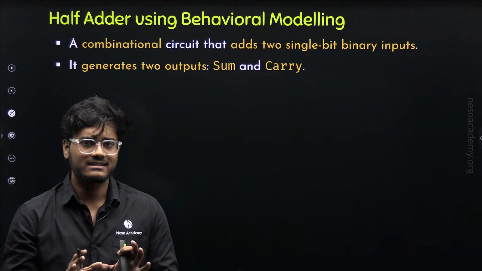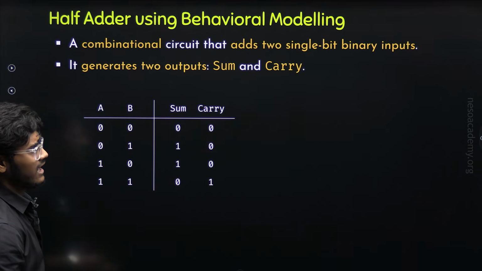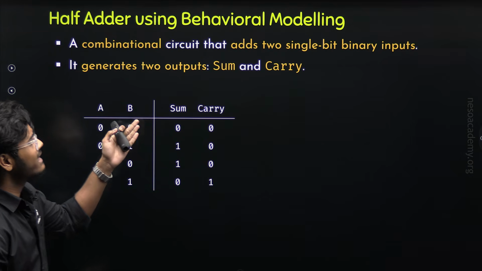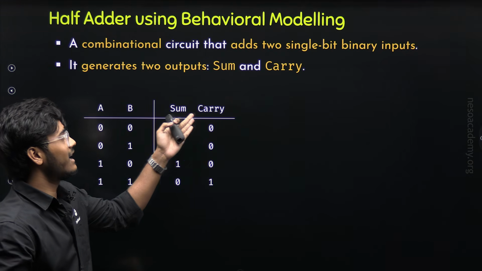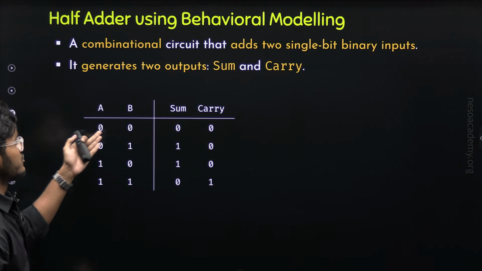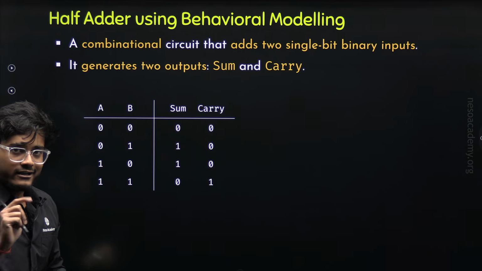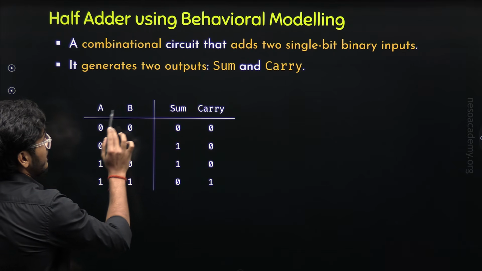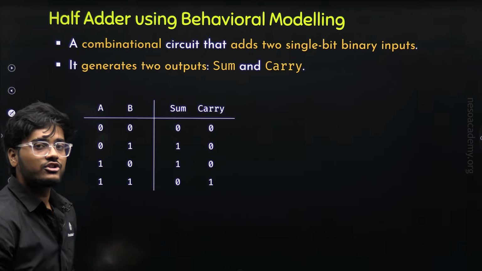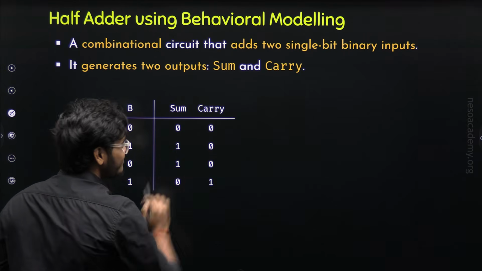Now let us understand this half adder using a truth table. So this is the truth table for the half adder. Here we are adding 2 single bit binary inputs A and B, and it is generating 2 outputs, sum and carry. For 2 inputs, we have 4 input combinations: 0 0, 0 1, 1 0 and 1 1. Now, when both inputs A and B are equal to 0, which means 0 plus 0, this will give sum as 0 and carry as 0.